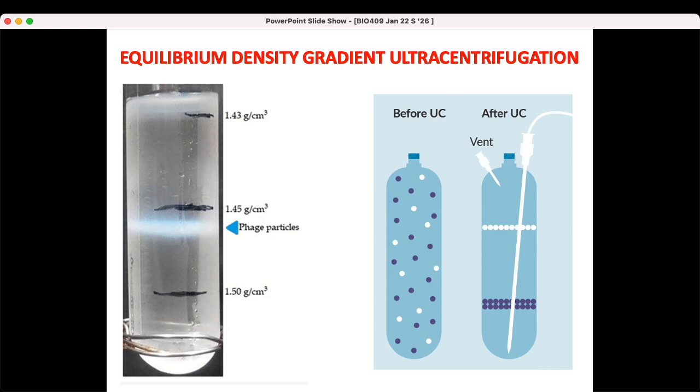What's going to happen is we'll load our sample up here, or mix it in, that's what's shown here, and then spin that really hard, and the samples will float at the interfaces between these different layers, like that. And then, this is a plastic tube, you can use a needle and suck that out, like that. Or pull it all out and check the fractions to see where they separated, like that. And so, this is showing that.